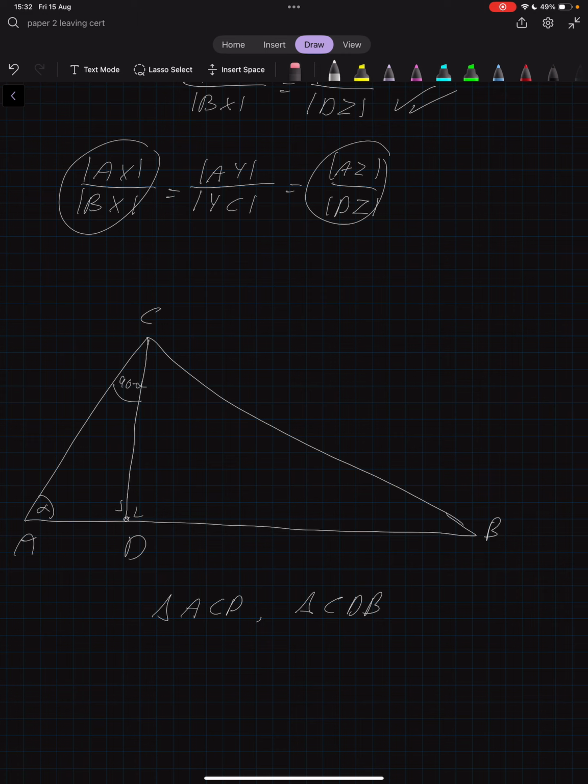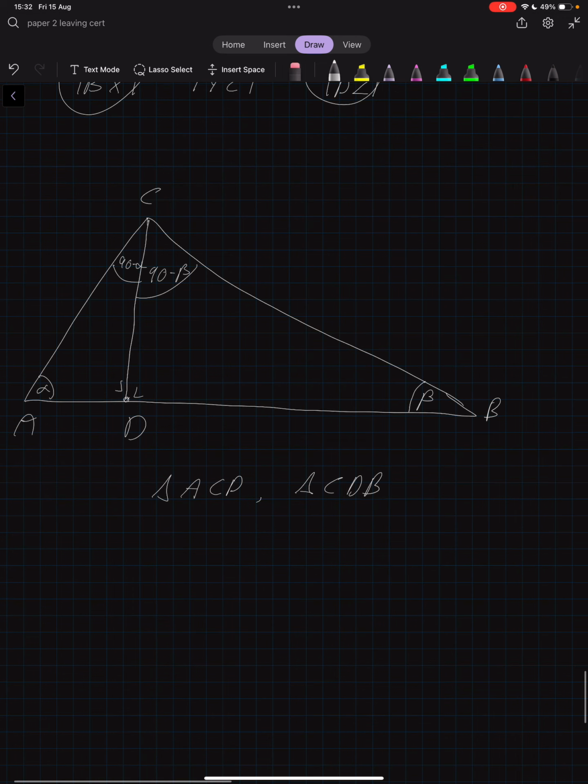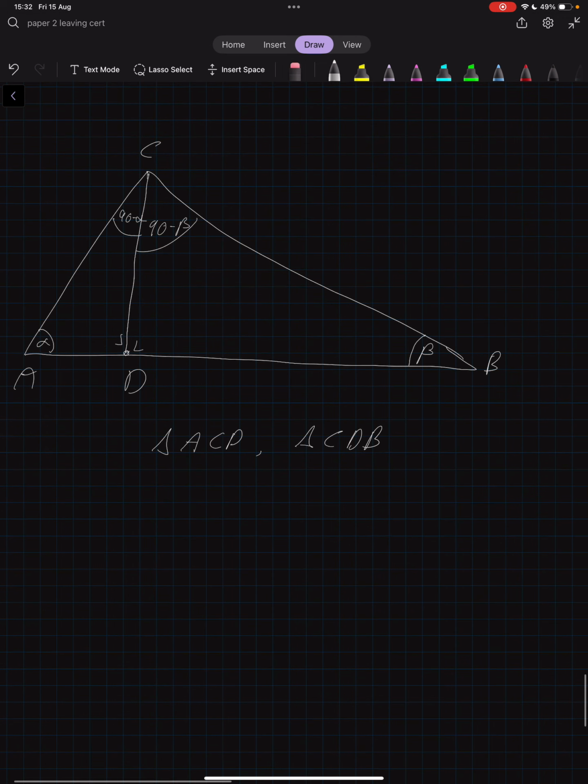Now, the next thing to look at is, so label this one now as beta. This now would have to be 90 minus beta. Okay? So that's fine. So I've just labeled the two of them. I just said, okay, there's alpha and beta. Yeah, whatever. I'm being very hand wavy for the minute.